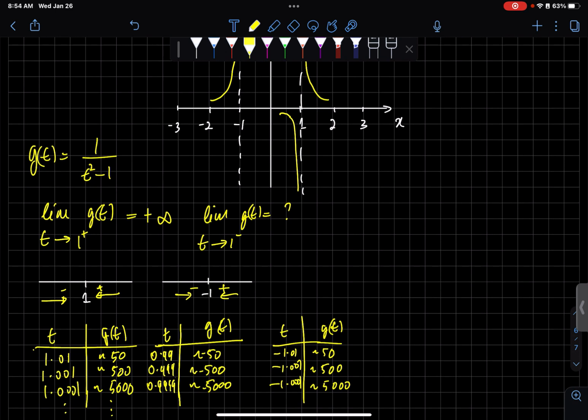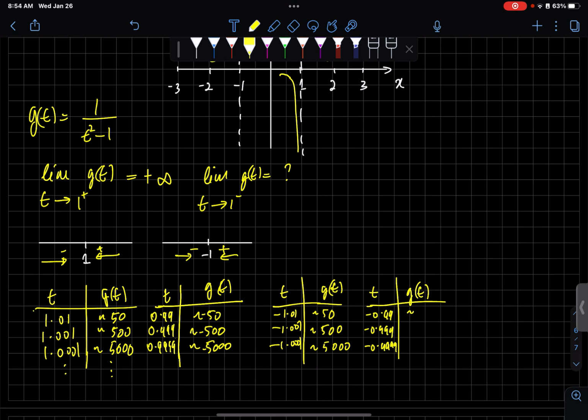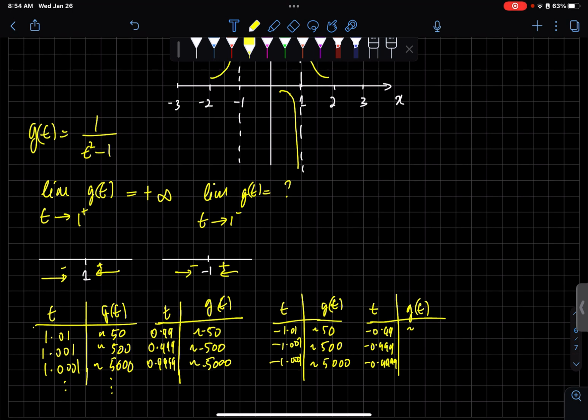In the same way, if t is -0.99, -0.999, -0.9999, g of t is going to be approximately negative 50, approximately negative 500, approximately negative 5,000.